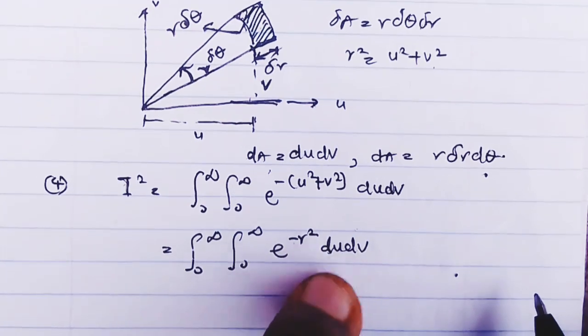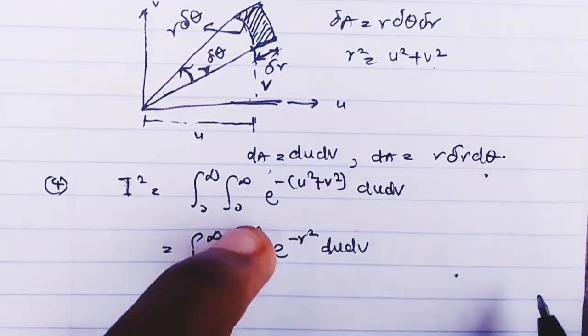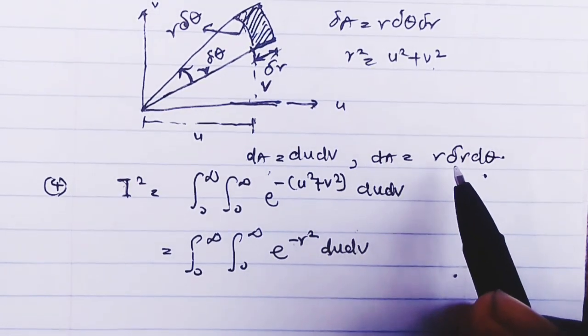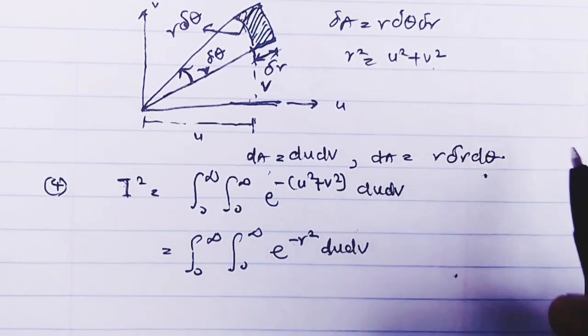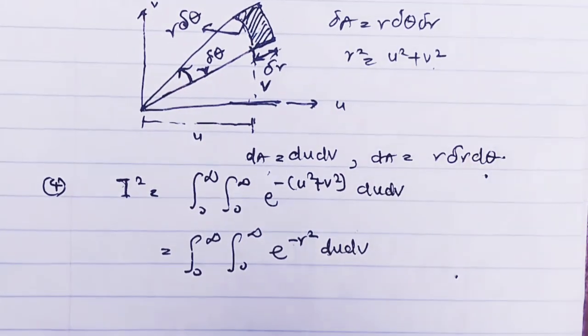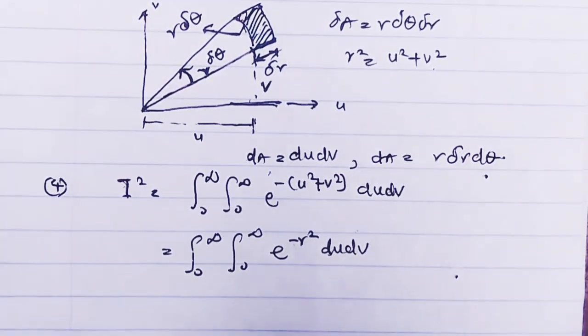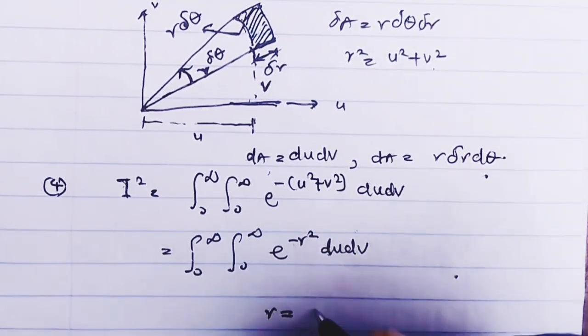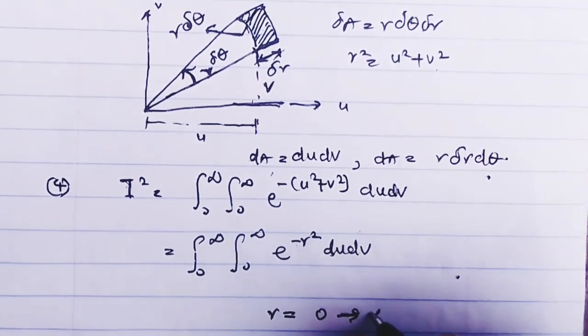We know that the two variables we were using before, u from 0 to infinity and v from 0 to infinity. Now what actually works is r and theta. Since this is a rectangular coordinate, the limit of r will be from 0 to infinity.